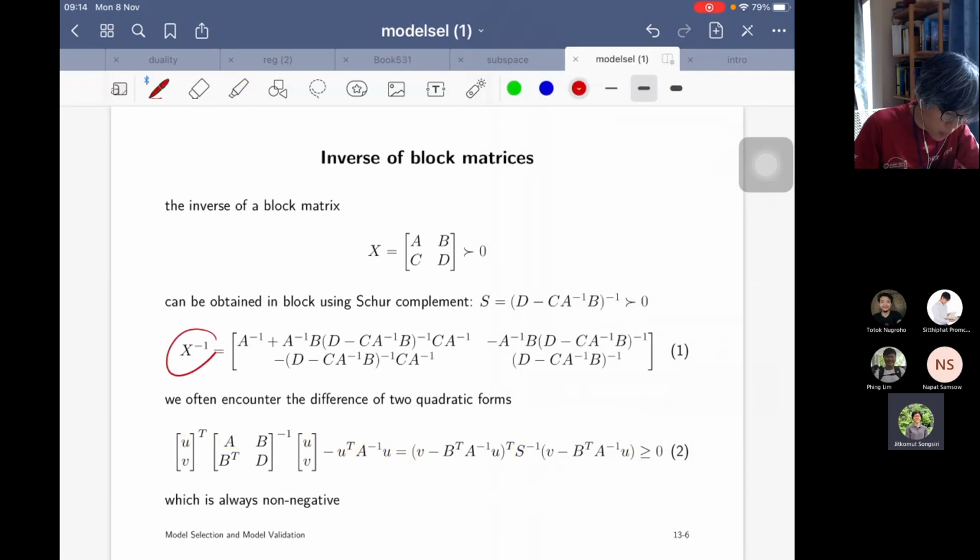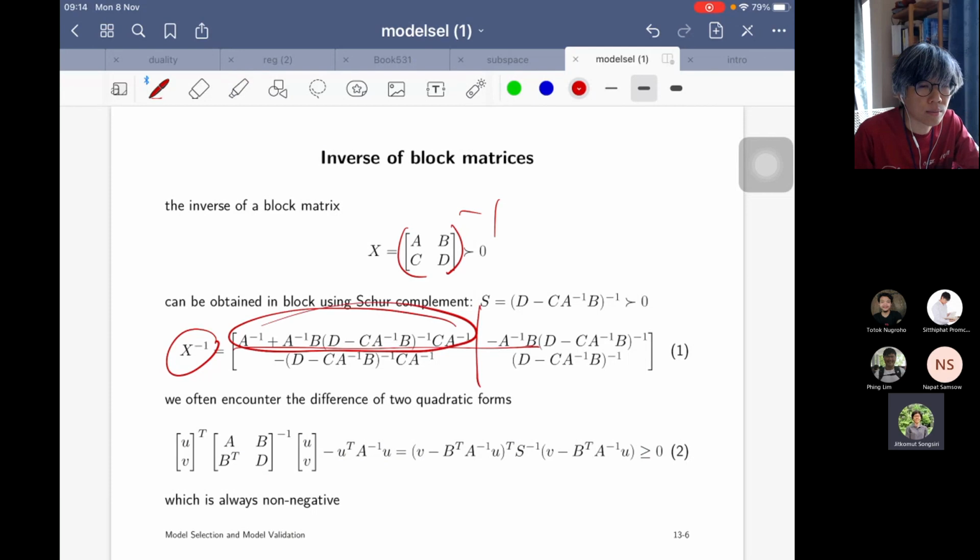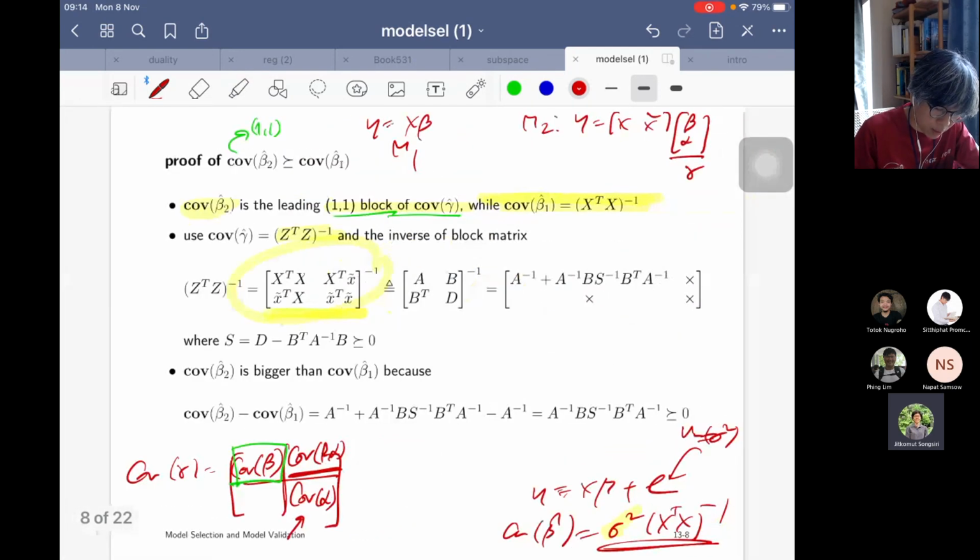After you make the inverse, we extract the one block. So that's why we look at the yellow term as a partition of 2 by 2 blocks, and after the inverse, the one block has this expression.